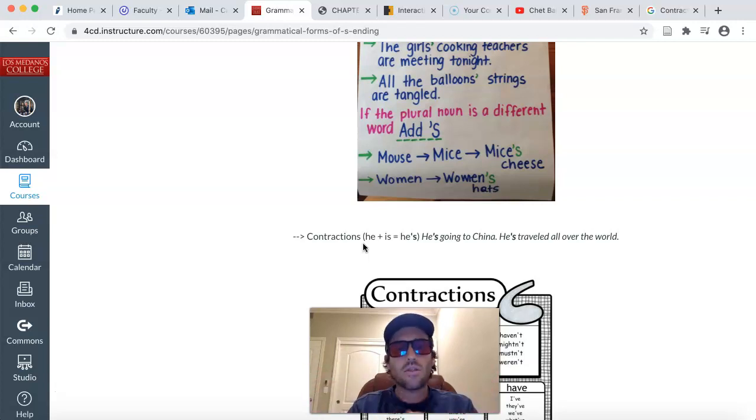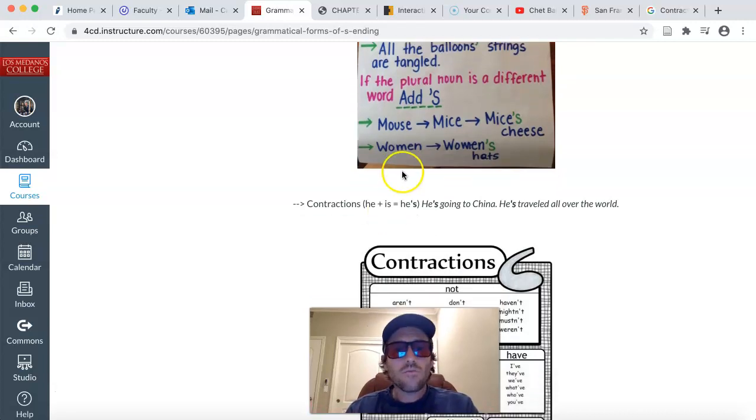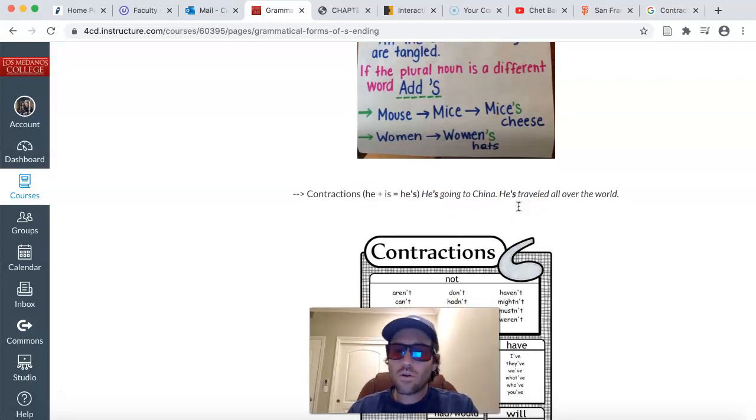We contract them together to make one word for simplicity and also for pronunciation ease too. For example, he and is create a contraction, he's. He's going to China. He's traveled all over the world.